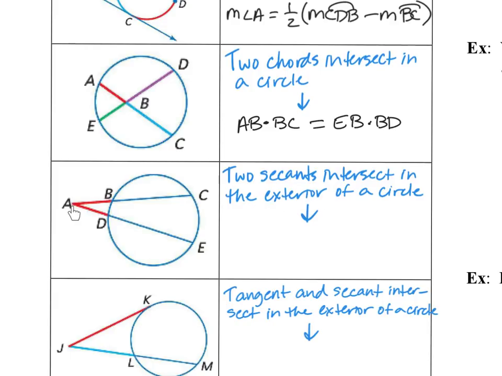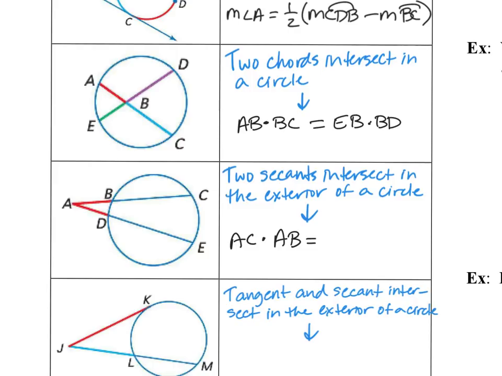In the next theorem, we have 2 secants that intersect in the exterior of a circle. So we have secant AC and we have secant AD. And what this theorem tells us is the following relationship is always true. If we take the measure of one entire secant, which would be AC, and multiply it by the piece of the secant that's in the exterior, so that would be segment AB, if we take its measure. Again, we have taken the measure of the entire secant times the measure of the secant just on the exterior part.